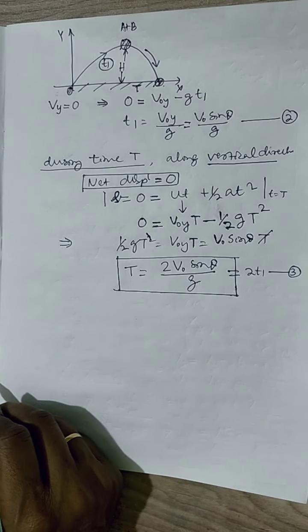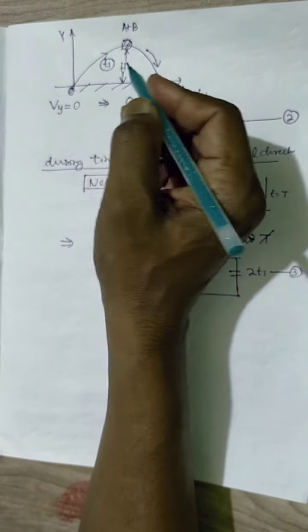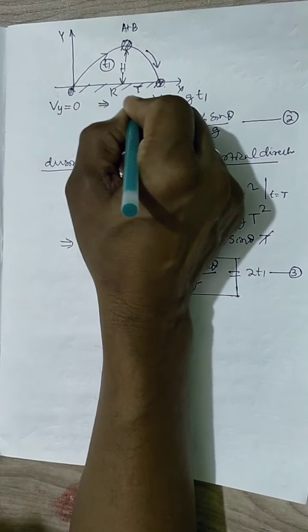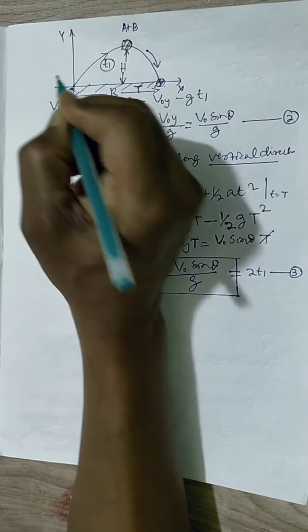Now, during the motion, it has moved a certain distance along the x-axis, that we say is the range of this projectile.